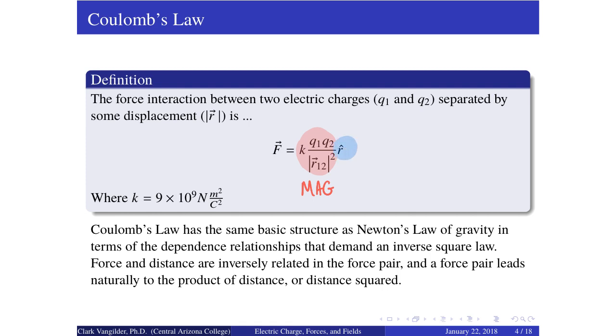This right here is the direction part, or unit vector. We worked that out last semester too. This F with an arrow on it, that's a force vector. We've done that plenty of times.